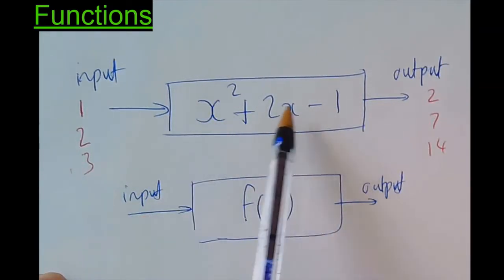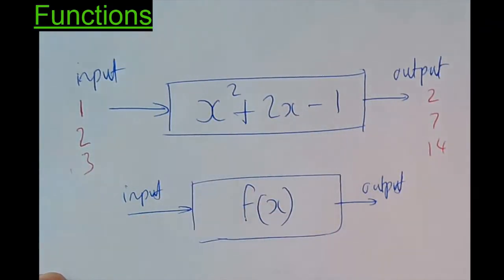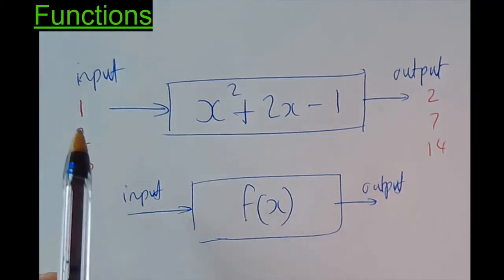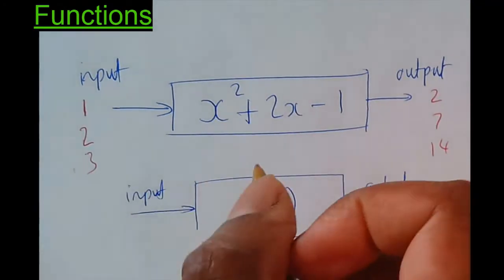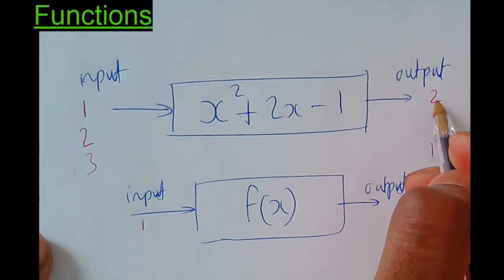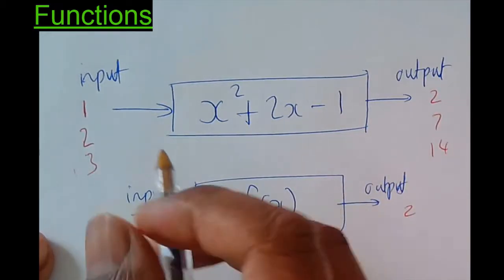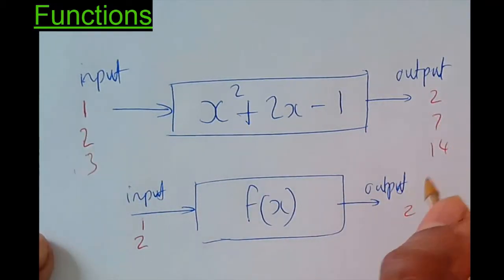These have got x variables, that's why there's an x inside the bracket. And x can take any values like 1, 2, 3, and so on. So when x is 1, remember the output is 2. When the input is 2, the output is 7, and so on.